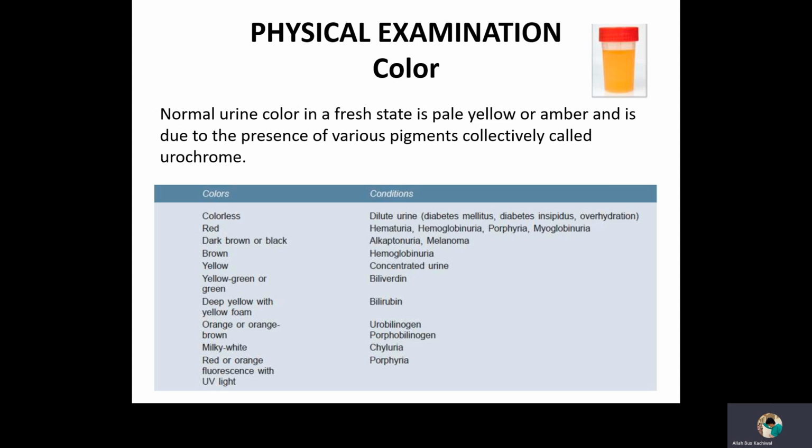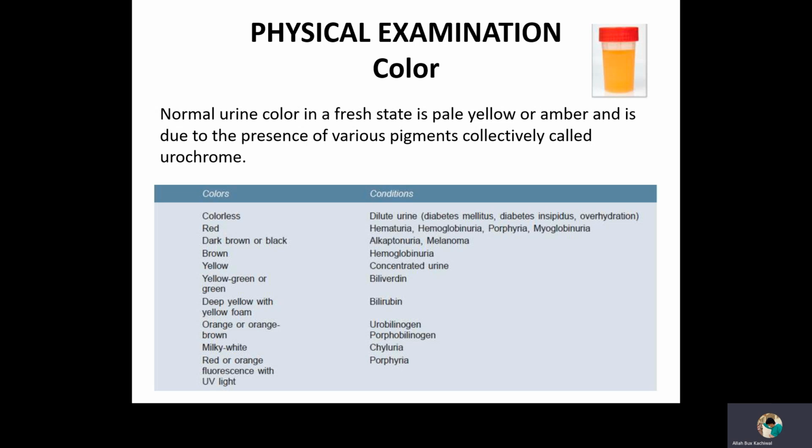Red urine may be seen in hematuria, hemoglobinuria, porphyria, or myoglobinuria.